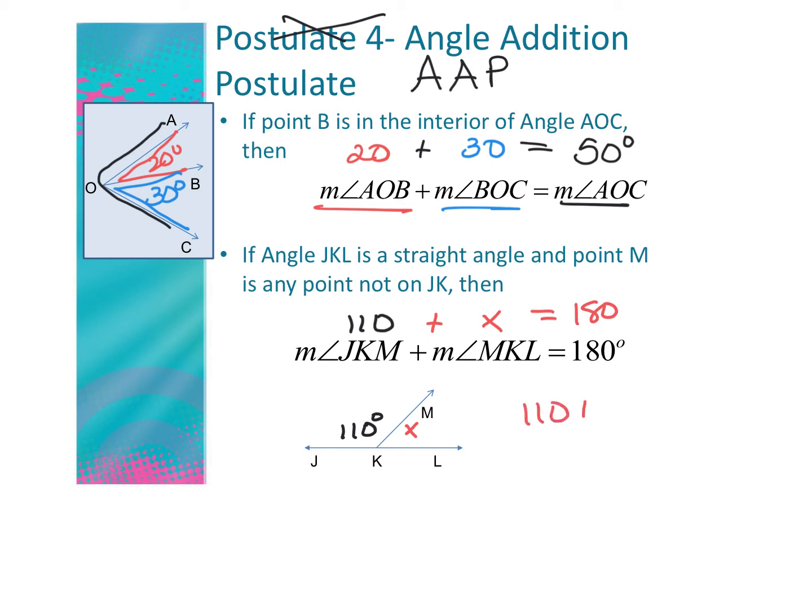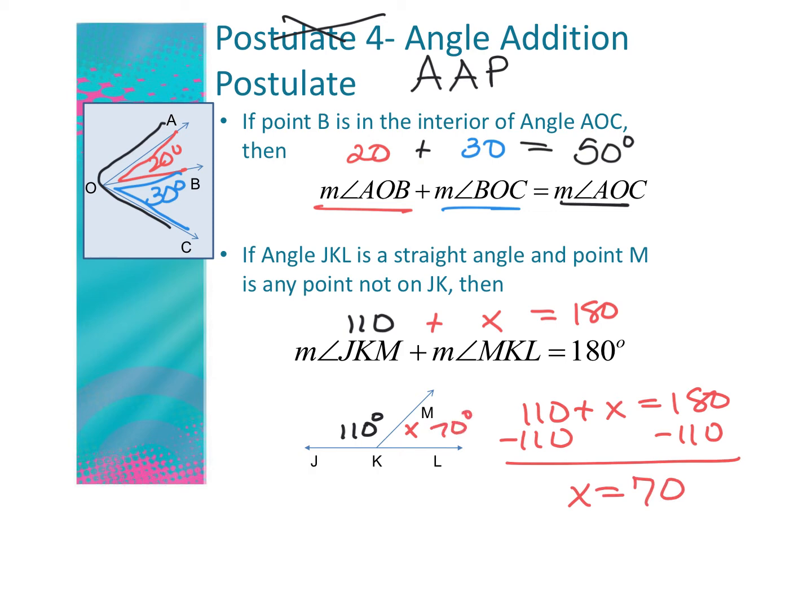So 110 plus X equals 180. Subtract the 110, and X equals 70. So this is another way that you can use your angle addition postulate: when you know the whole amount and you know one piece, to find the other piece, you would subtract. So this is your angle addition postulate.